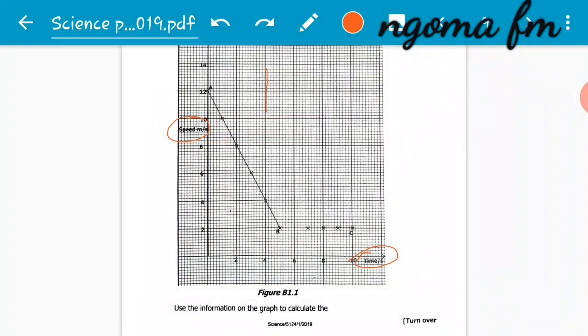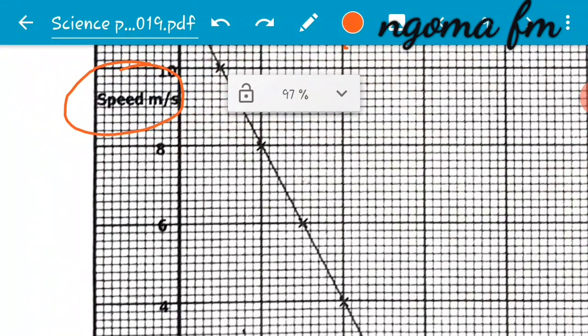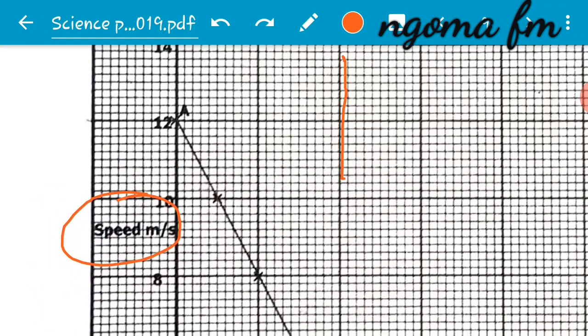This is our graph, and this is our point A. For point A, we have time equals 0, and speed or velocity equal to 12.